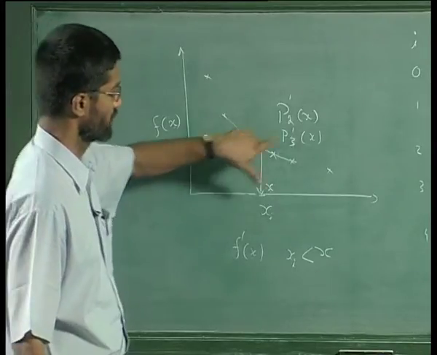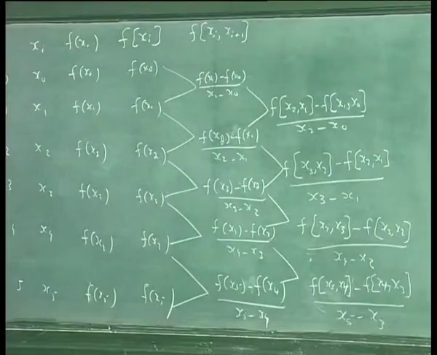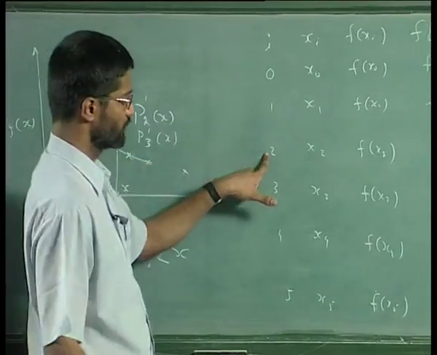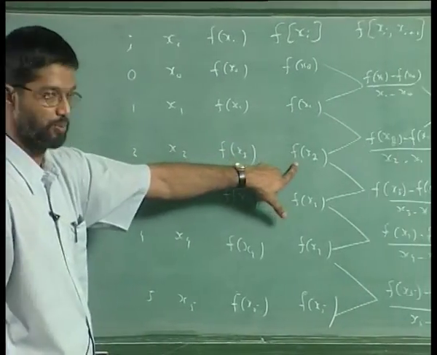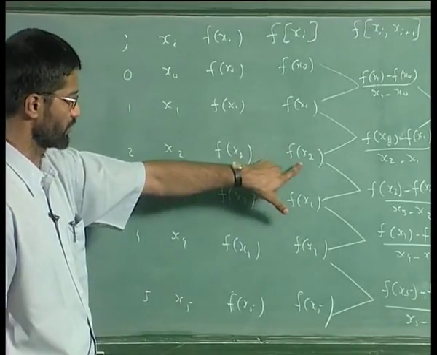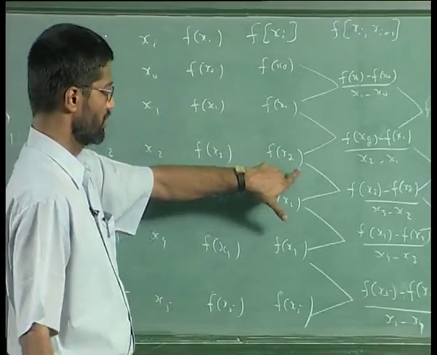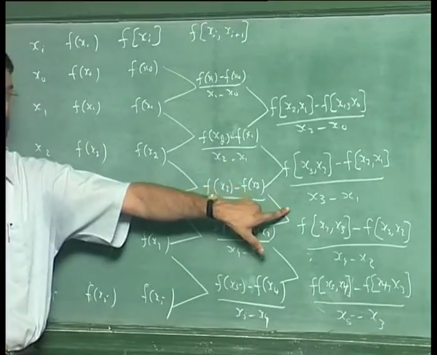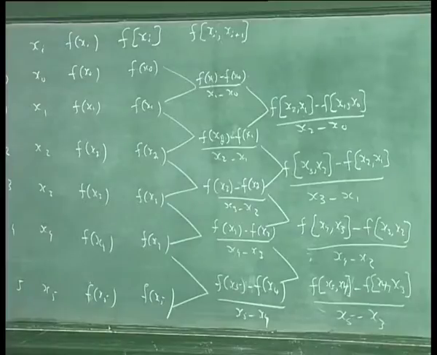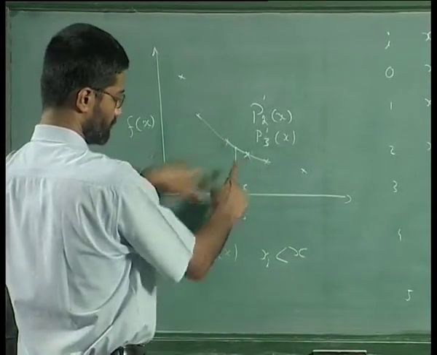That's the third point, that is 0, 1, 2 here. I would enter here, and then my polynomial would start from f of x2. So then my polynomial will be f of x2 plus f of x3 minus f of x2 by x3 minus x2 into x minus x2. That's what we saw yesterday. That's the way of constructing that polynomial and the derivative.